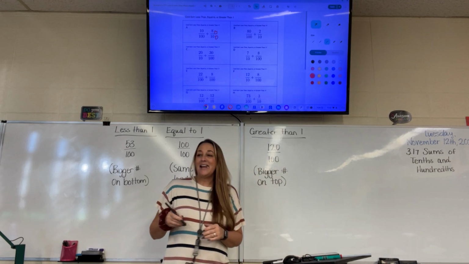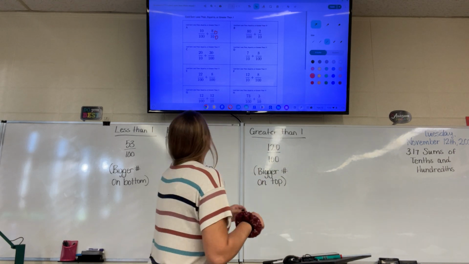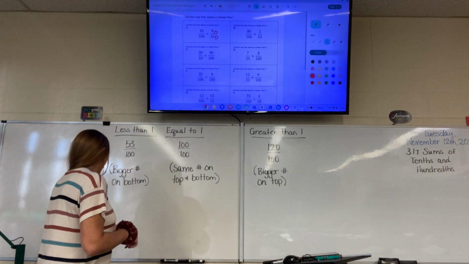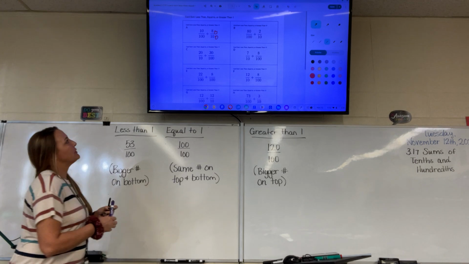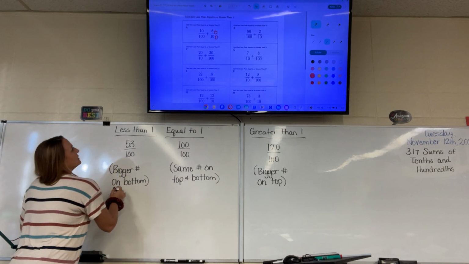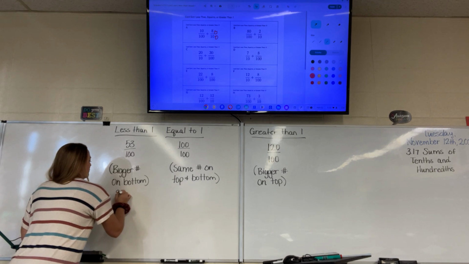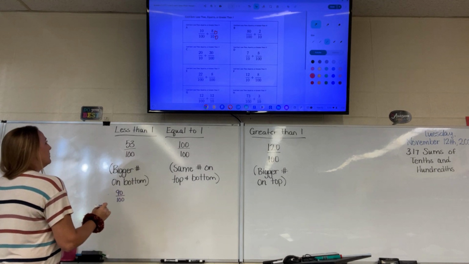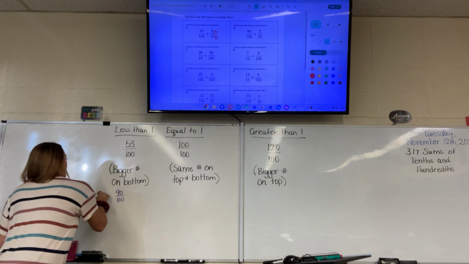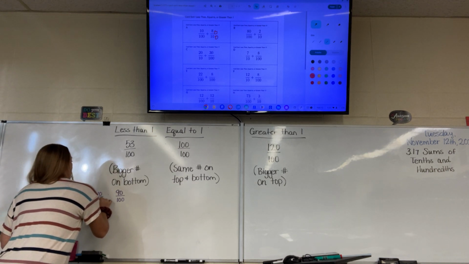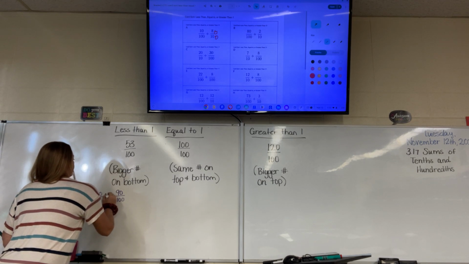So now we have 80 hundredths plus 10 hundredths. What does that give us? 80 hundredths plus 10 hundredths. Shout it out. 90 hundredths. So 90 hundredths would be in the less than category because it's got a bigger number on the bottom, or top. Sorry.